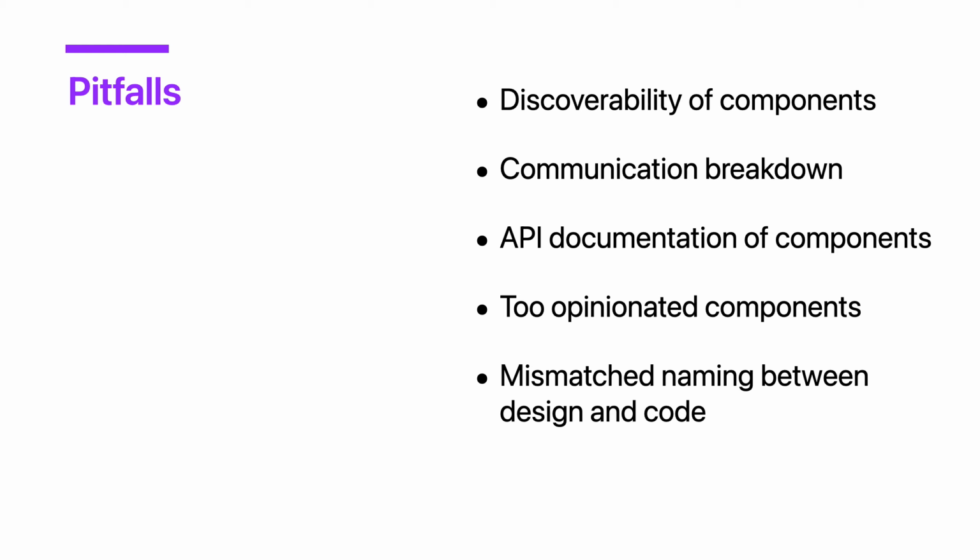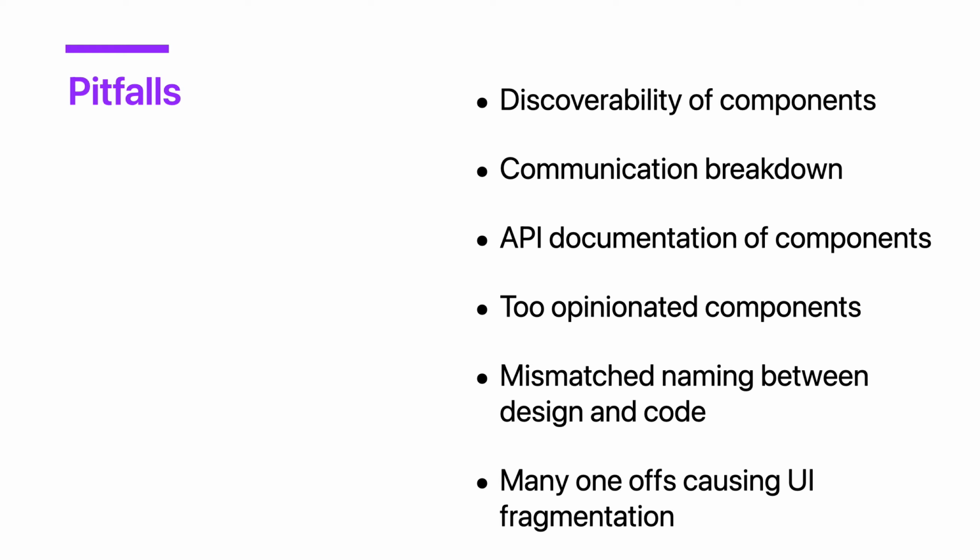But if this goes into really custom components, you suddenly don't know, for example, what is a callout and what is a notice? They seem similar, but what are the actual differences? If we ensure that they're named the same way, then we can be sure that we're talking about the same thing and that they behave the same way.